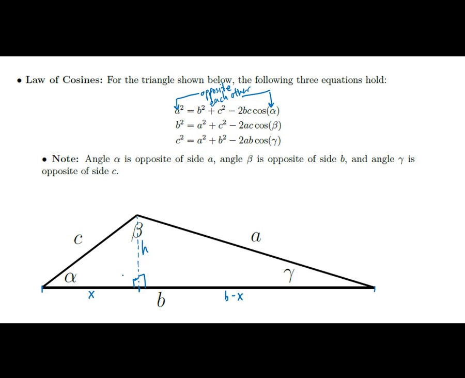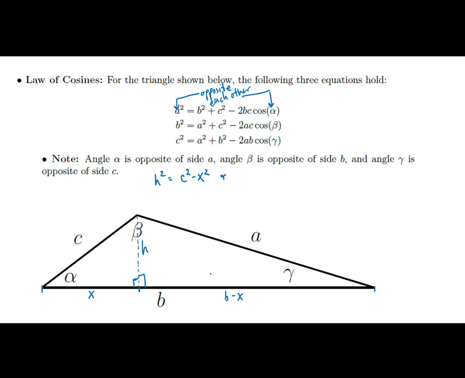Now that we have right triangles, we can talk about the Pythagorean theorem. With that left triangle, I know that h squared is equal to the hypotenuse squared minus this side squared.